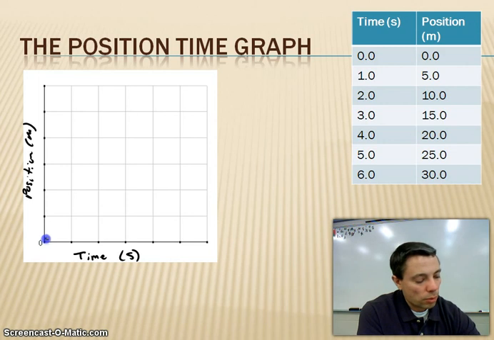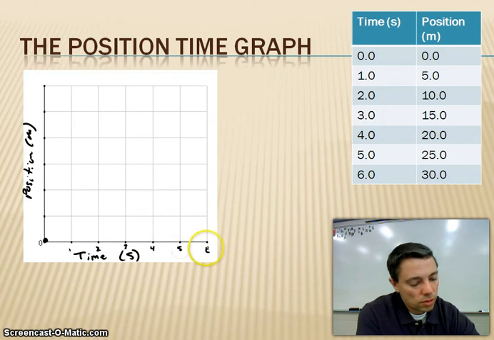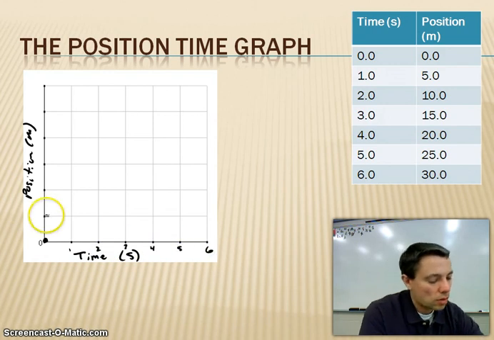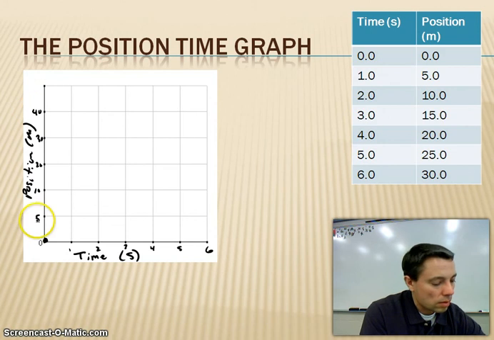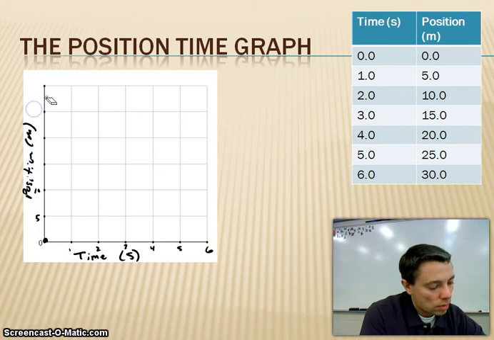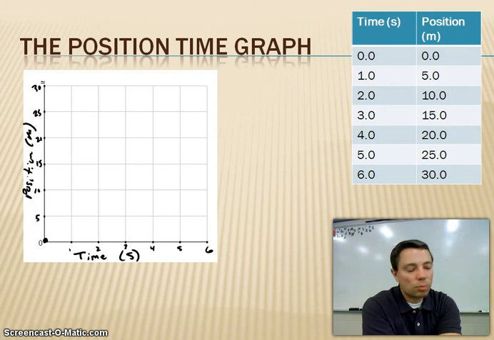So I'm going to put a point here at 0, 0, and then I'm going to say, okay, so this is 0, this is 1, 2, 3, 4, 5, 6, okay, so that works out, and this is going to be now 5, 10, 15, 20, 25, and 30. All right, so we've scaled our graph. We're just going to plot some points.